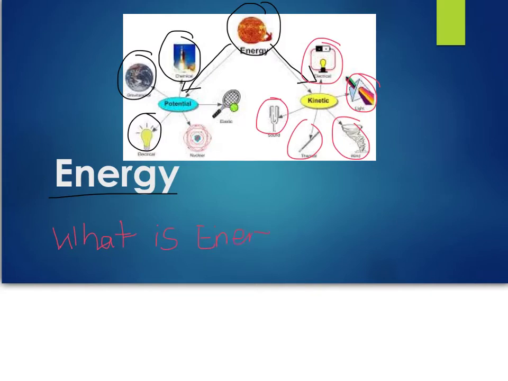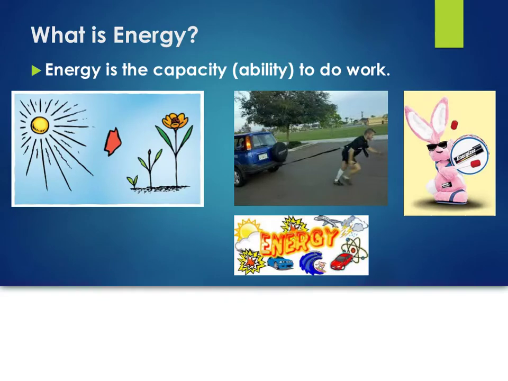So the question is, what is energy? That's the question we're trying to figure out from now. So what is energy? Energy is basically the capacity or ability to do work.